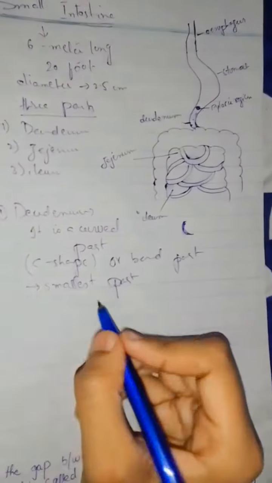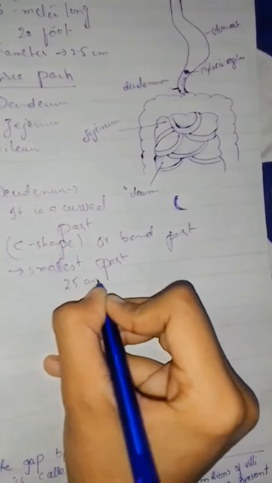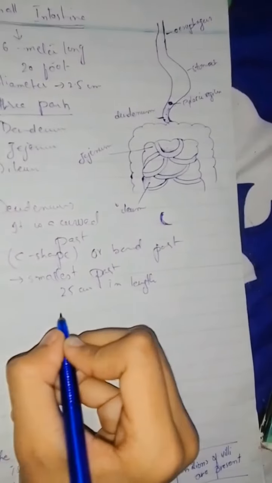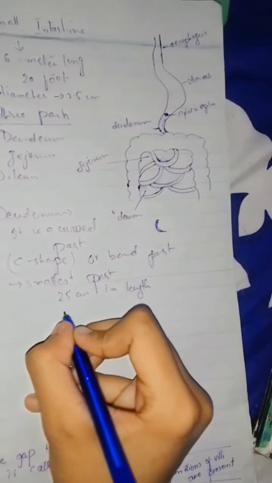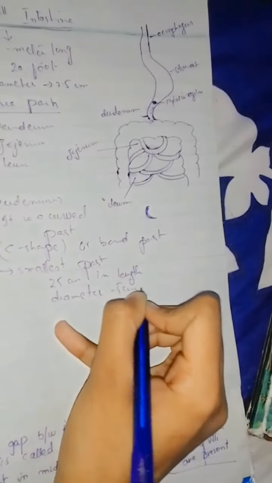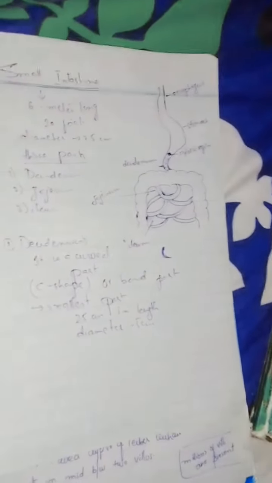Every part has its own length as well as diameter. The duodenum is 25 centimeters in length, and its diameter is 5 centimeters. The small intestine overall is 2.5 centimeters in diameter, but the duodenum has a 5 centimeter diameter.